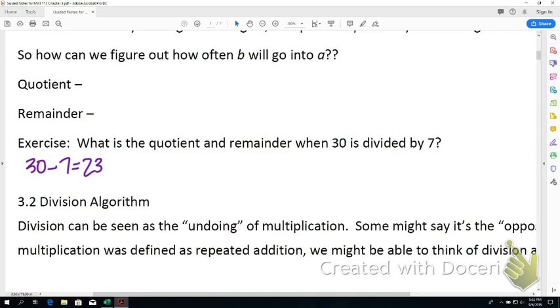Okay, then let's subtract it again. 23 minus 7 will give me a 16. Let's subtract it again. 16 minus 7 will give me what? A 9. And then 9 minus 7 will give me a 2. And then we're going to stop right here.